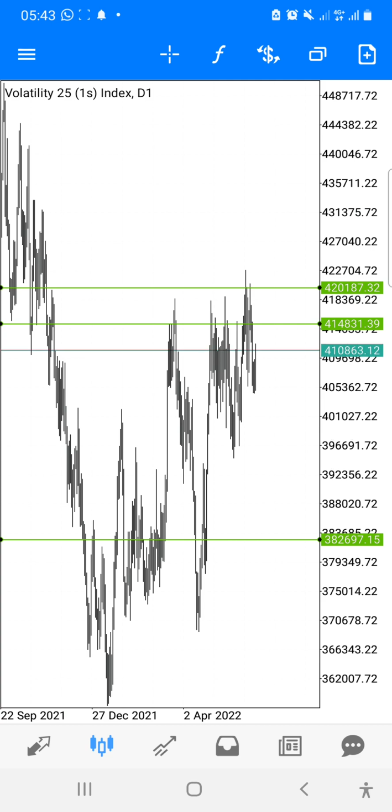So here now our stop loss is what? 420,187 minus 414,831 is 6,000 points. Divided by 10 is what? 600 pips. For the take profit, 414,831 minus 382,697. That's 14,000 plus 18,000. That's 32,000 points, which is what? 3,200 pips just in a few days.